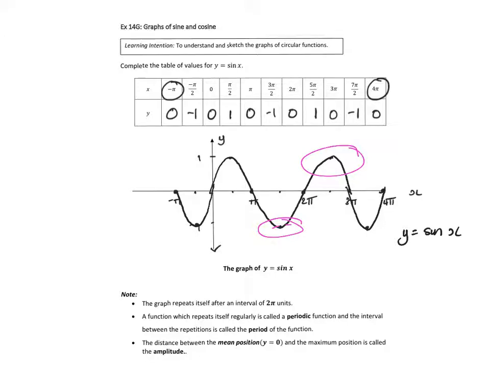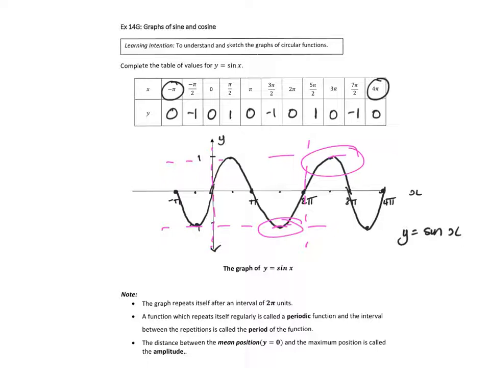I'm looking for that sort of shape. And that is the graph of y equal to sine x with quite a few repetitions there. One repetition of it would go just from 0 to 2 pi, and it would have an amplitude of 1.